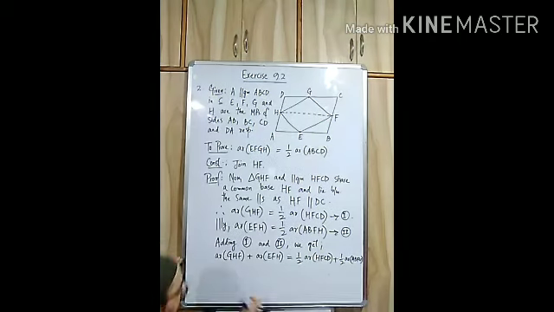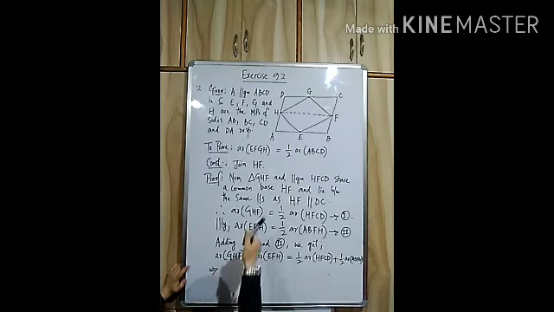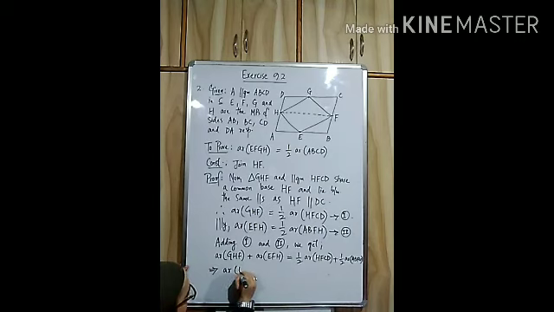So add this and this, you get, therefore, area of EFGH is equal to 1 by 2.